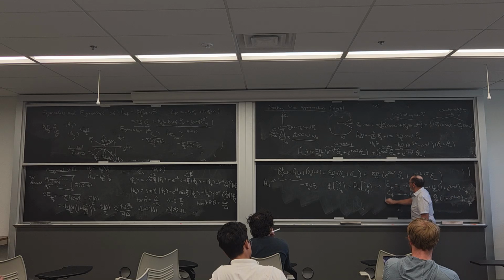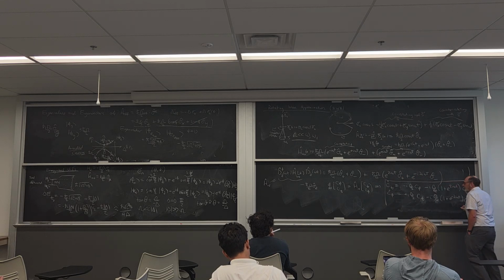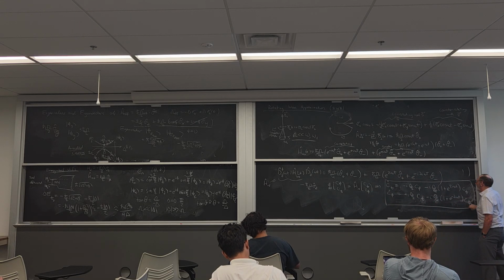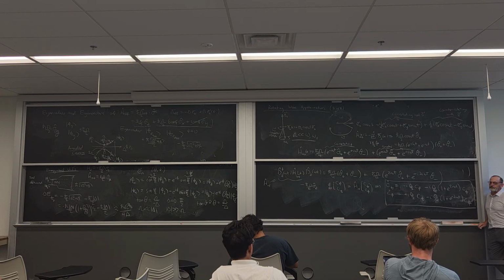So this is the Schrodinger equation written in terms of the probability amplitudes.